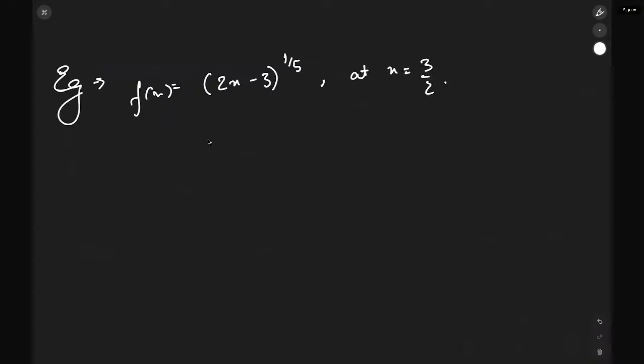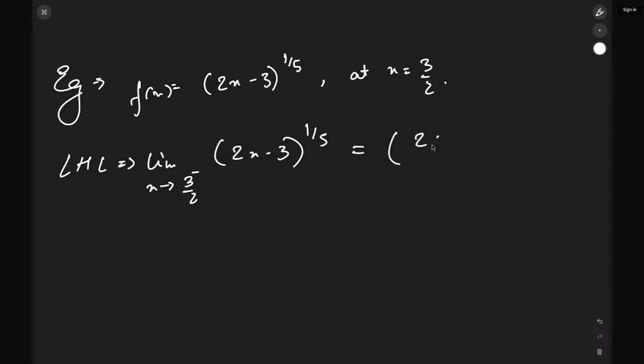Now for checking the continuity, we need to check the left hand and the right hand limits, as we already know. So the left hand limit of this will be limit x tending to 3 by 2 on the minus side, (2x minus 3) raised to the power of 1 by 5. So it will be (2 times 3 by 2 minus 3) to the power of 1 by 5, which will be 0.